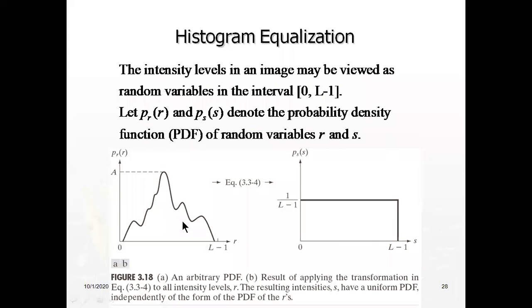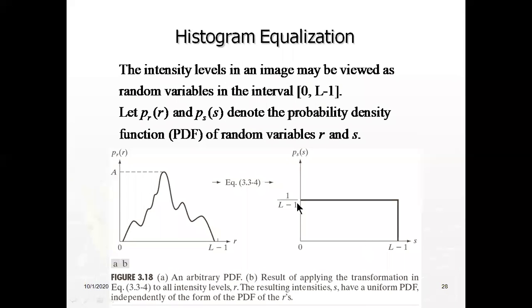So this is the original one, the result of applying, a is the arbitrary PDF which we have, and once we apply a proper transformation, we might get something like this, which has almost the same or equal intensity. So the result of applying the transformation in equation 3.34 to all the intensity levels is that the resulting intensities have a uniform PDF.